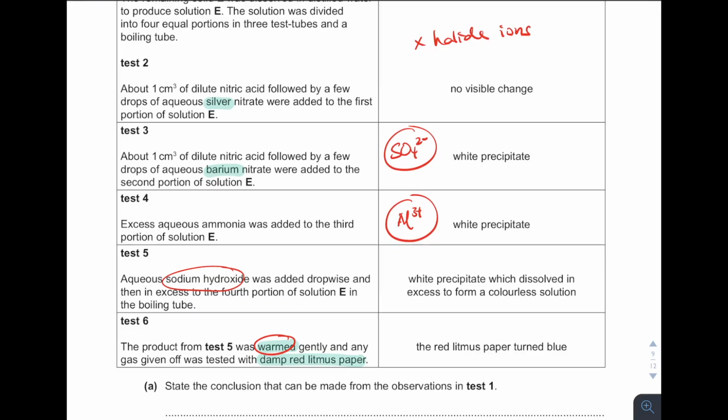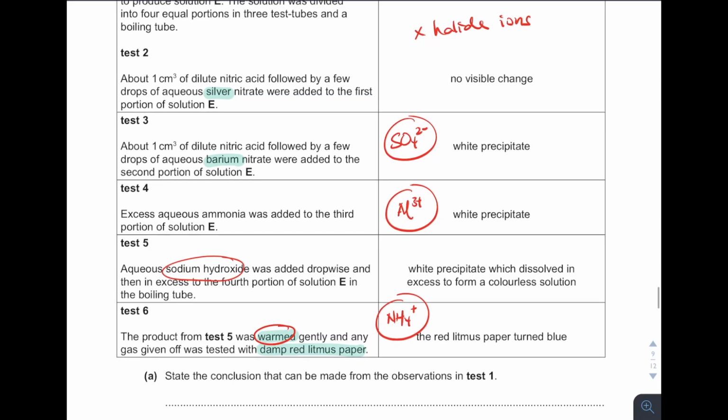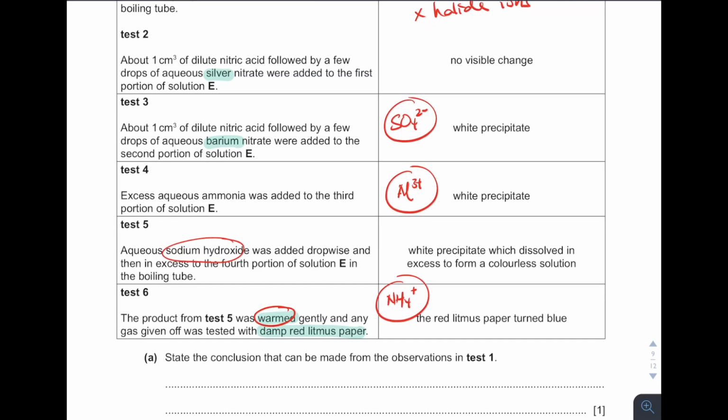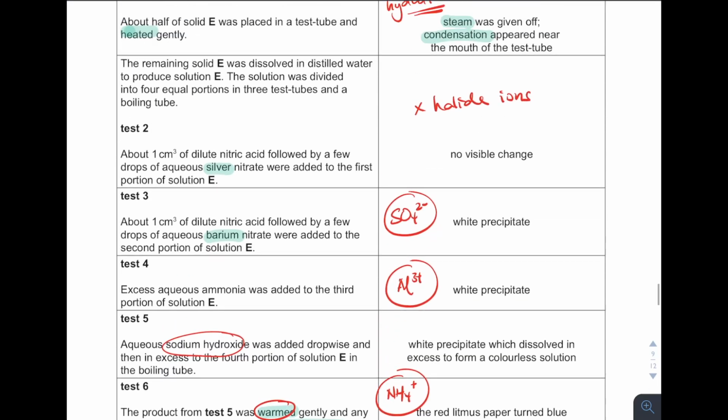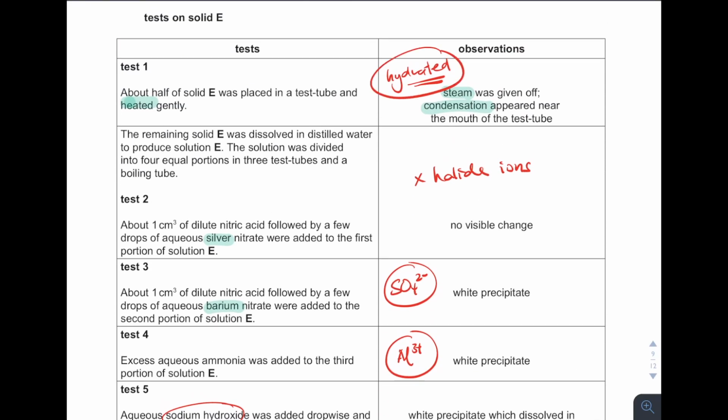So from here, we know that it is testing for the presence of ammonium ions. It produces ammonia gas. So this is how we look for the ions. So what is the conclusion that can be made from test 1? As mentioned here, hydrated.